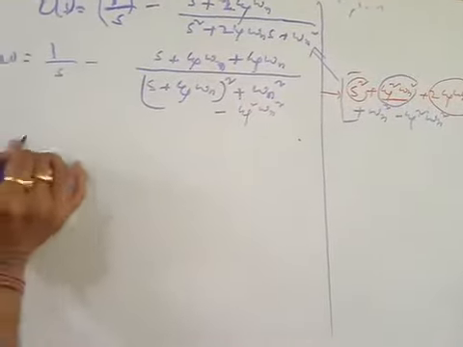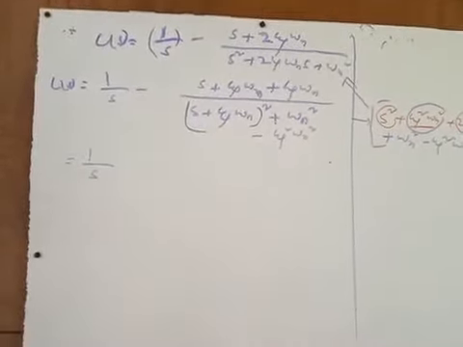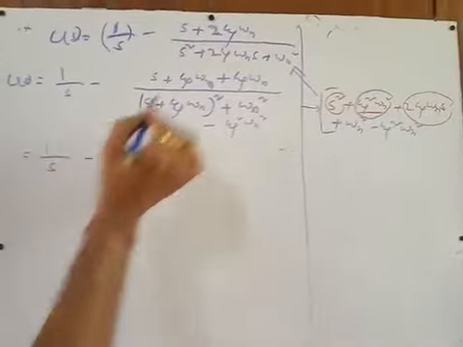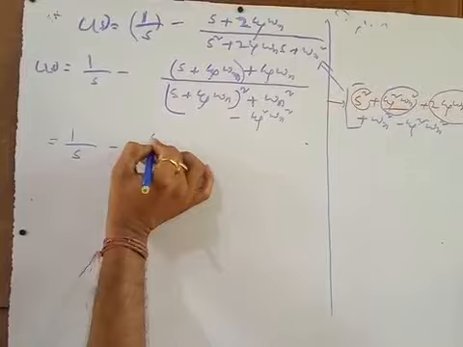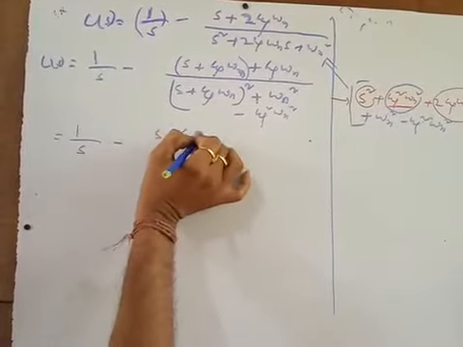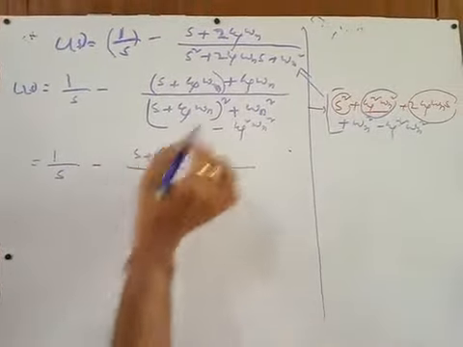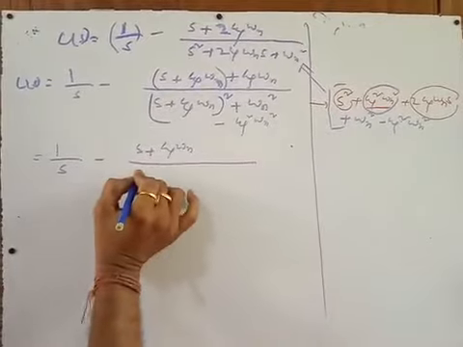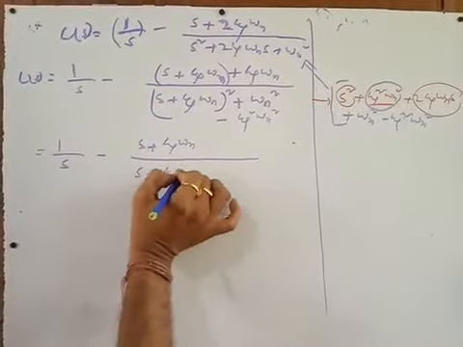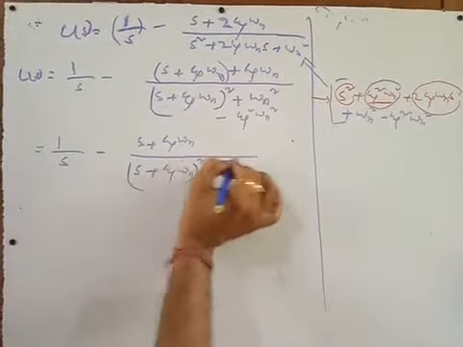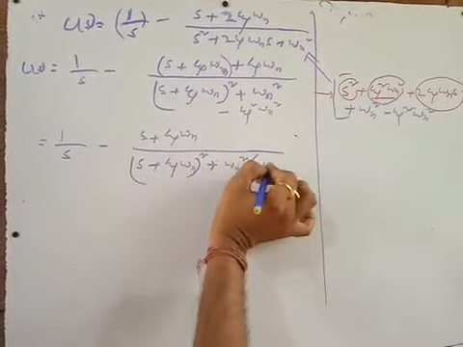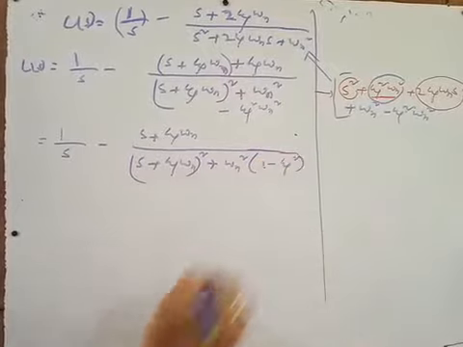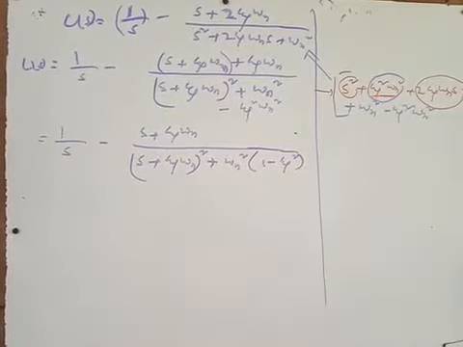And the next line I can write is 1 by s minus, say, s plus xi omega n. This is our form. We can write s plus xi omega n by this whole term. That is s plus xi omega n whole square plus omega n square into 1 minus xi square, as we are dealing with the underdamped system.